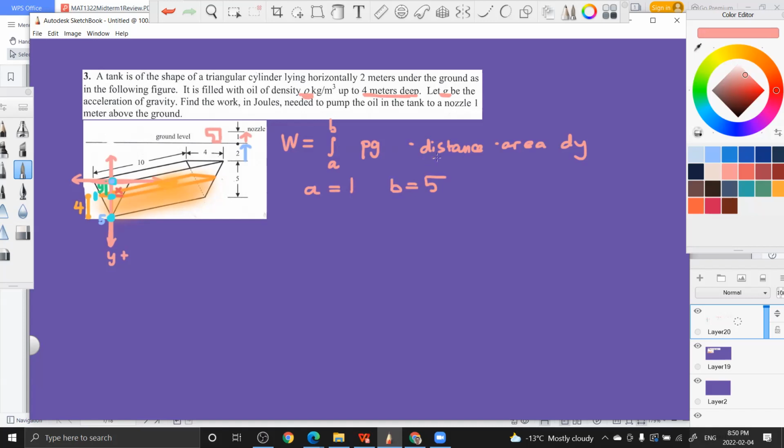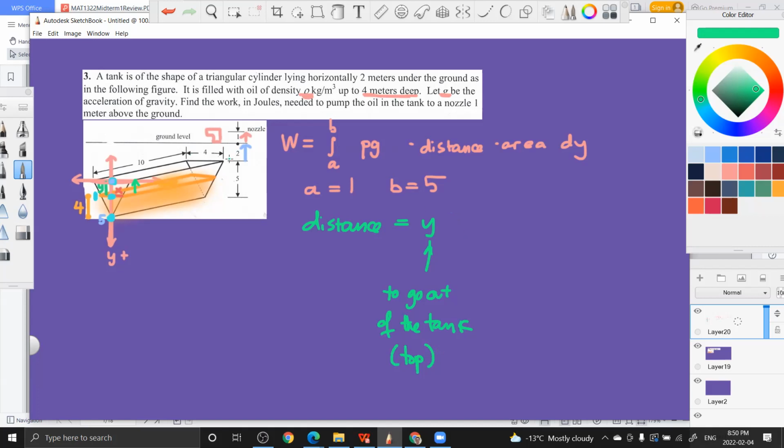Now, how about the distance? It's very easy. We bring the cross section to the top of the tank, and that distance is y. This is to go to the top of the tank.